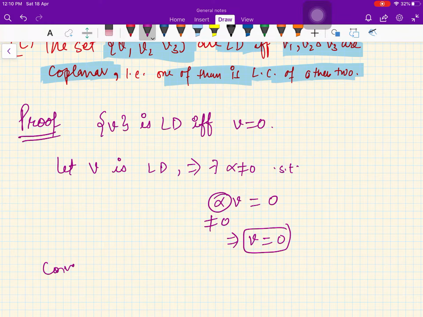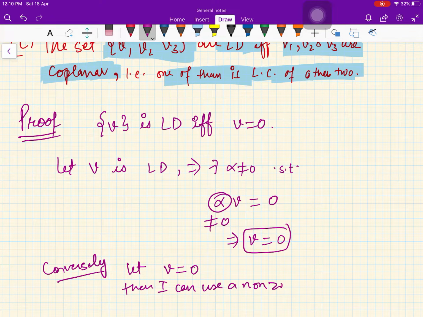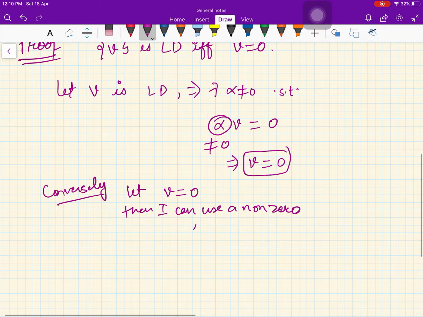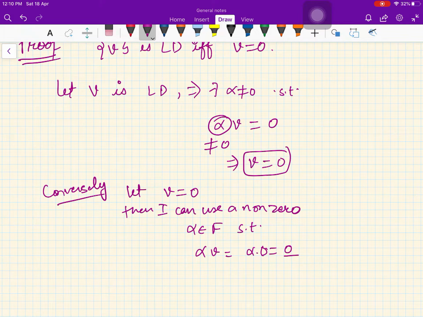Now since alpha is not equal to 0, it implies v equals 0. Conversely, let v equal 0. Then I can choose any non-zero scalar alpha in the field F such that alpha into v is alpha into 0, equal to 0. So you get it both ways.